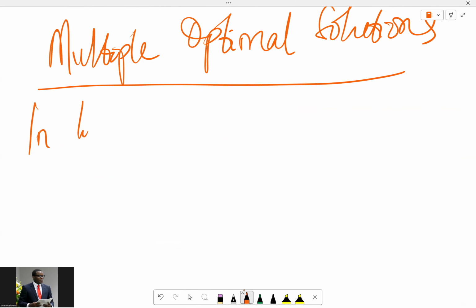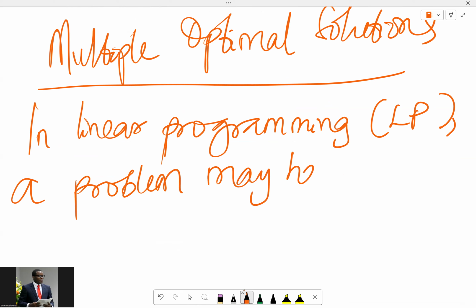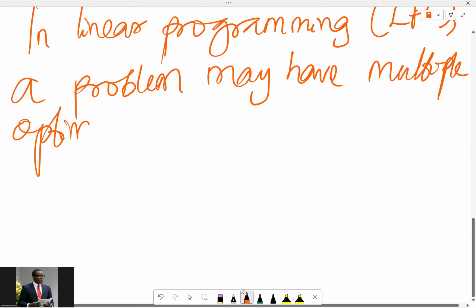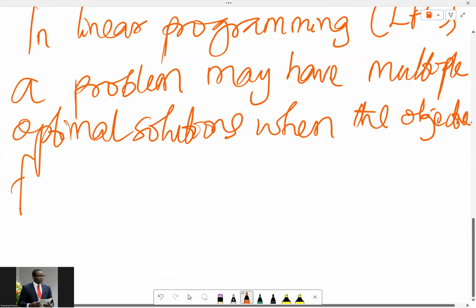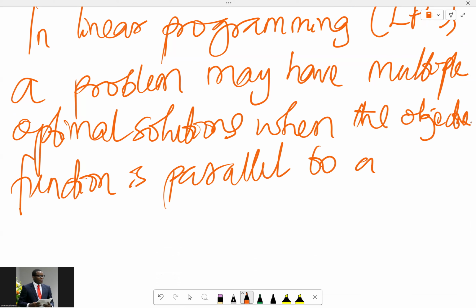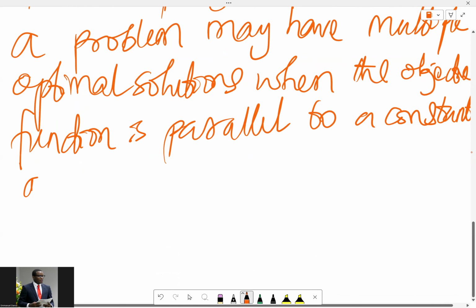In linear programming, LP for short, a problem may have multiple optimal solutions when the objective function is parallel to a constant at the optimal value.